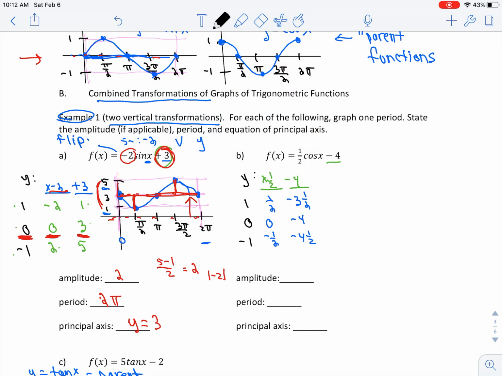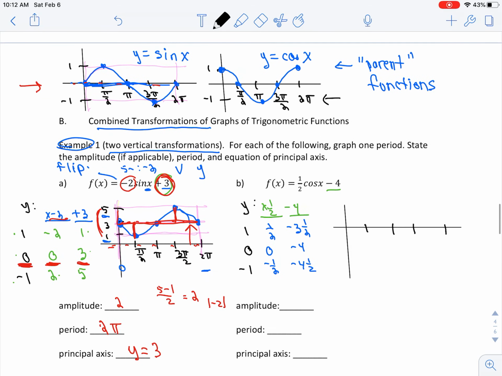So when I plot the points for this one, for the cosine, because those y values are all negative, I'm going to switch my x-axis up just a little bit. Remember that these x values are going to stay the same because we haven't changed them at all. I mean the same as the parent function, which is right up here.